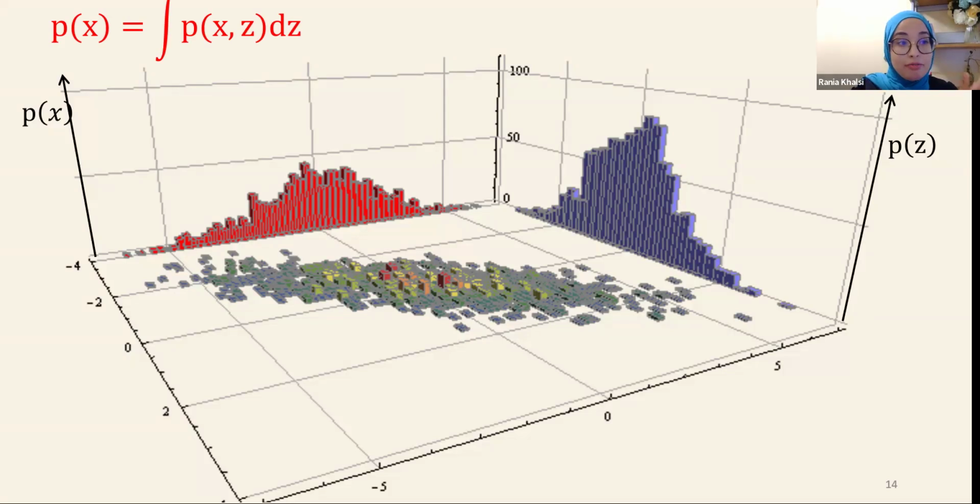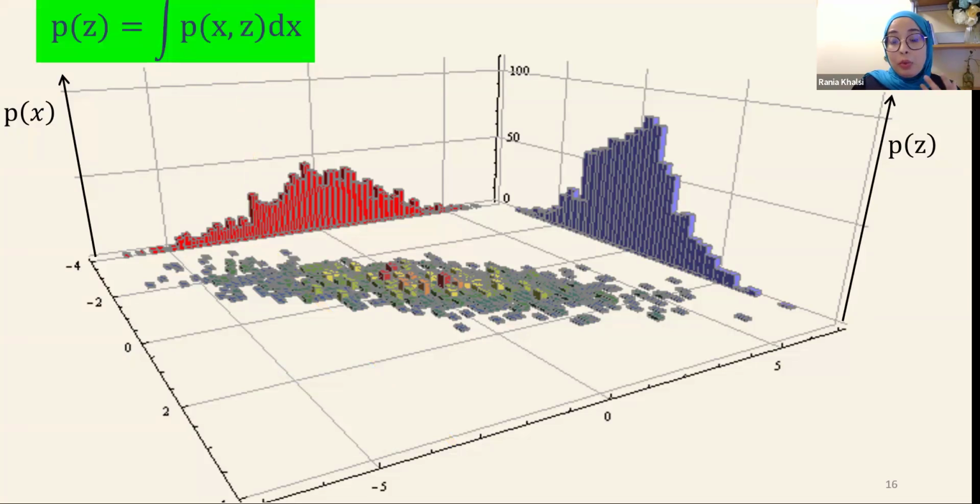So here we have it with respect to z. To find the probability of sampling a specific value according to x, we integrate the joint distribution over all possible values of z. Similarly, if we want to determine the probability of sampling a value according to z, we integrate over all the values of x.